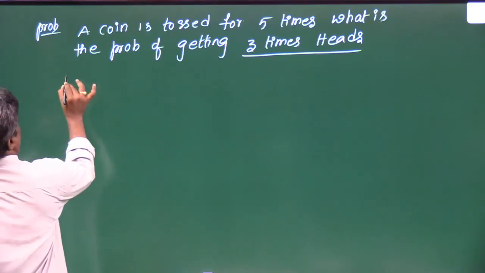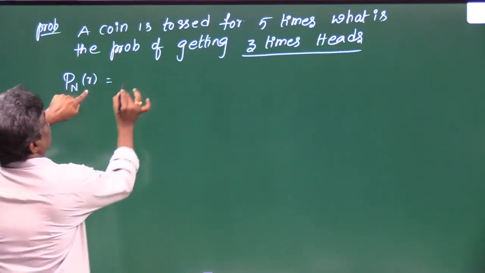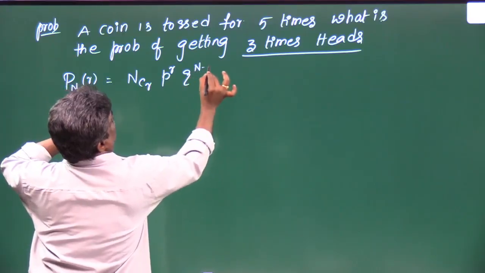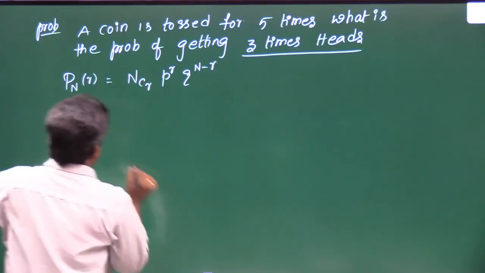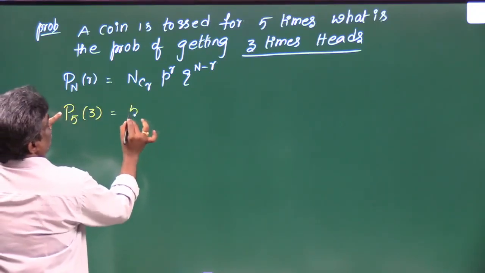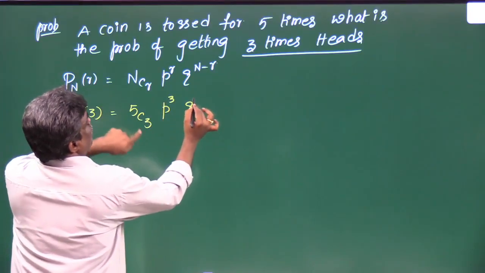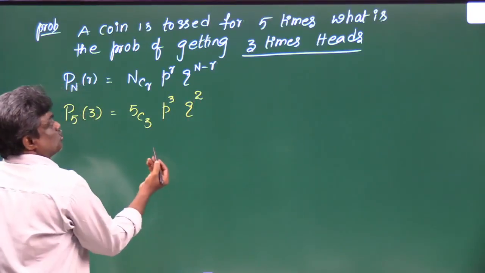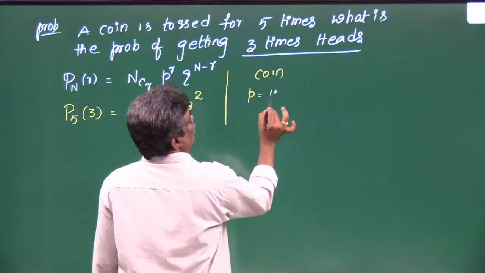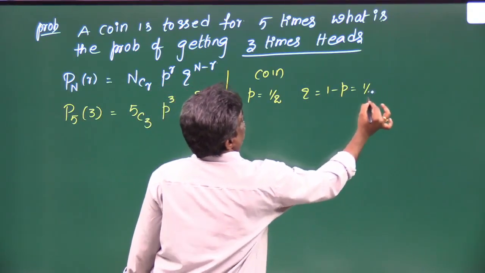So you know the formula: P(N, R), where you tried N times and R is in your favor, that is NCR P power R Q power N minus R. So finally, 5 times you tried and 3 times in your favor: 5C3, P power 3 and Q power 5 minus 3, that is 2. For the coin problem, favorite probability P is equal to 1 by 2, and Q is equal to 1 minus P, which is also 1 by 2.